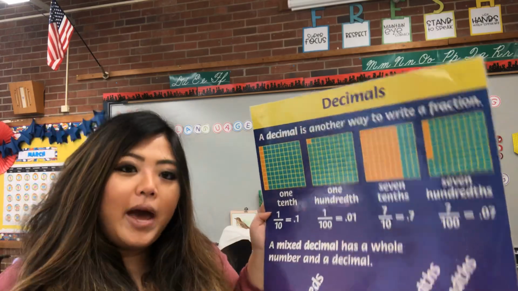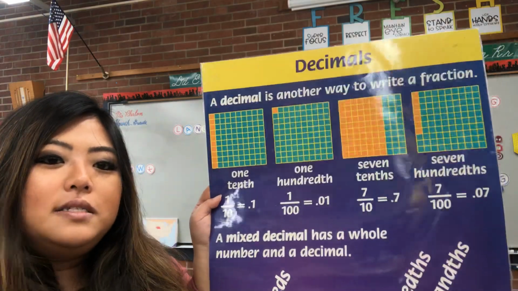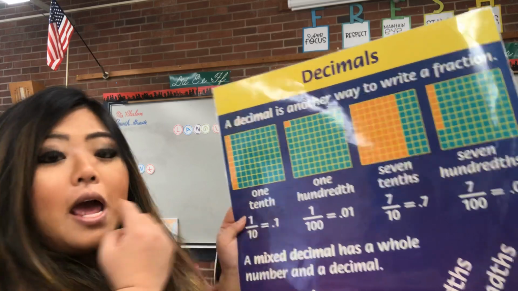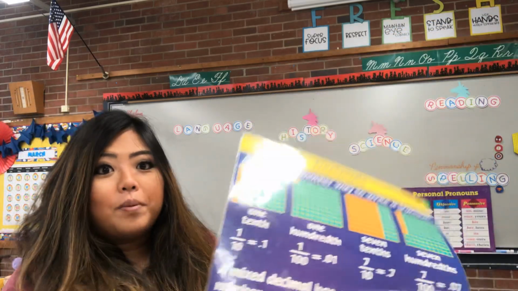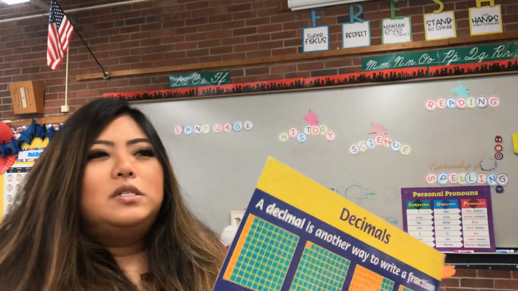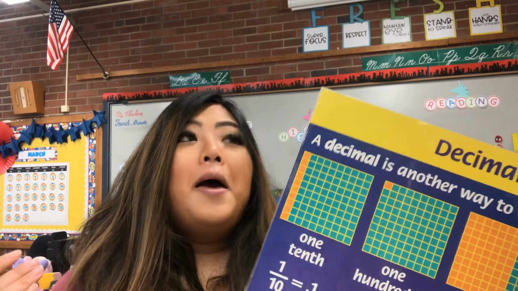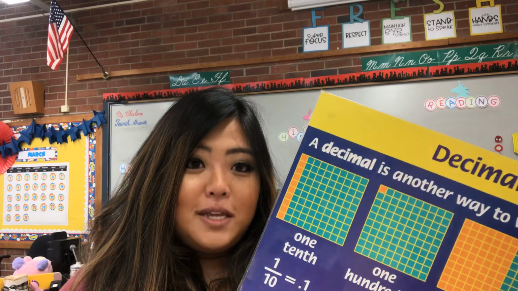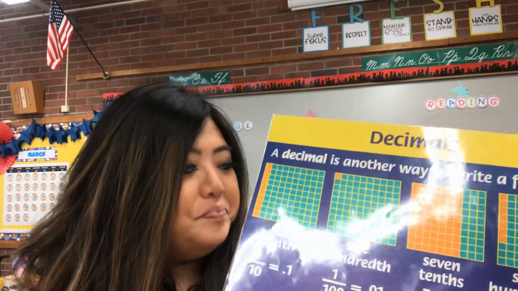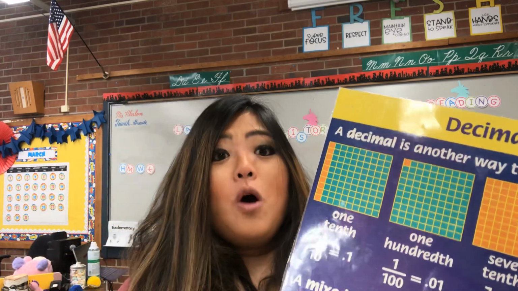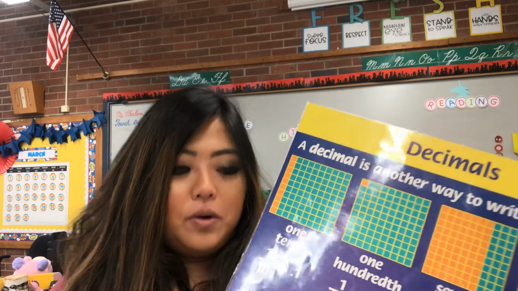Now you might notice that you've seen something like this before, and that is in our prefixes. You remember how we talked about deci, 1/10 equals 0.1, milli, 1/1000th equals 0.001, and then centi is 1/100th, or 0.01.